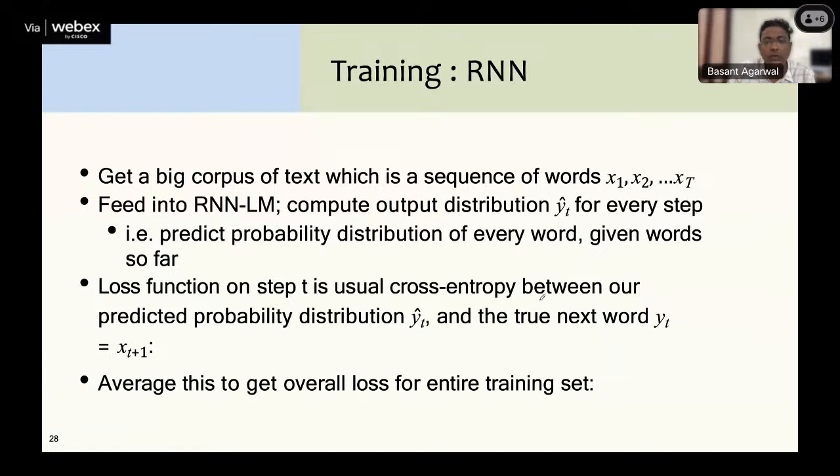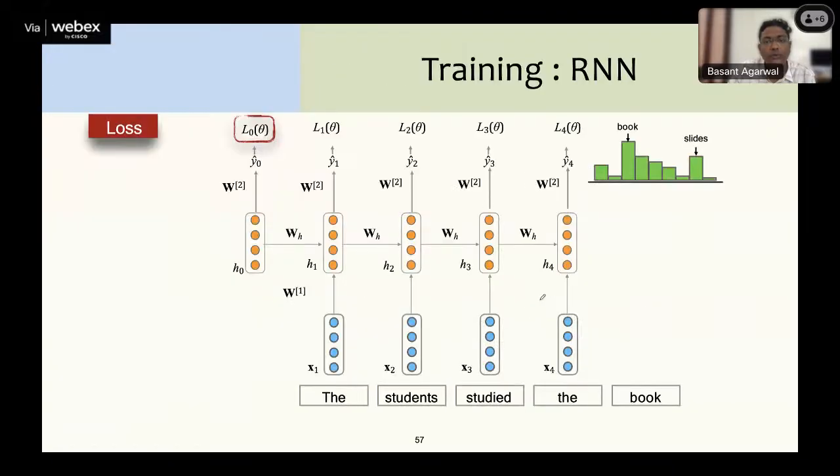We'll use the cross entropy function at each time step. Just look at this architecture. At any moment, for each time step t, let's say t is equal to 1, when we give input we compute the loss, very similar to what we have done in the standard neural network.